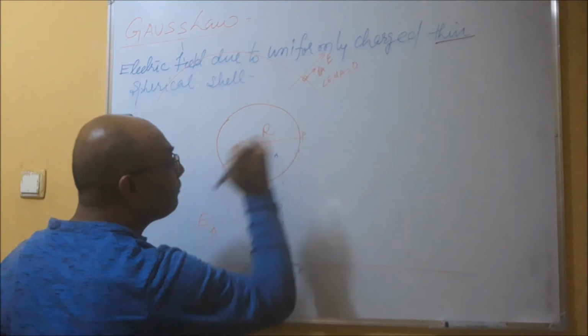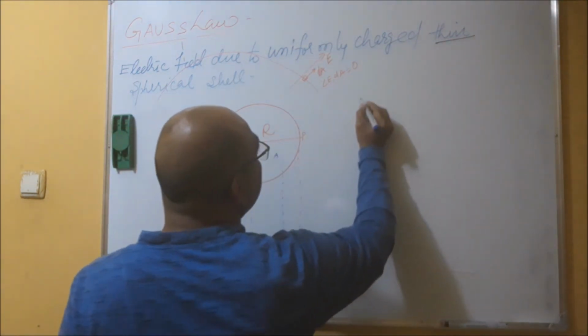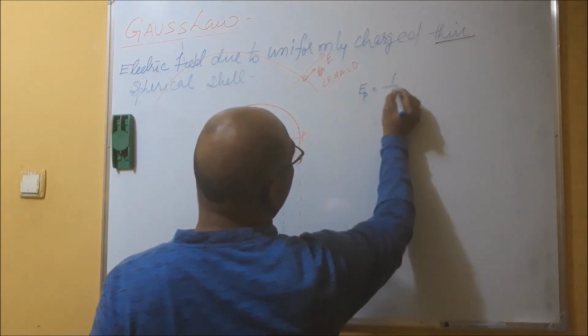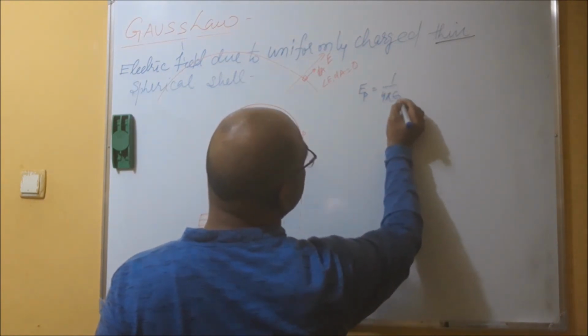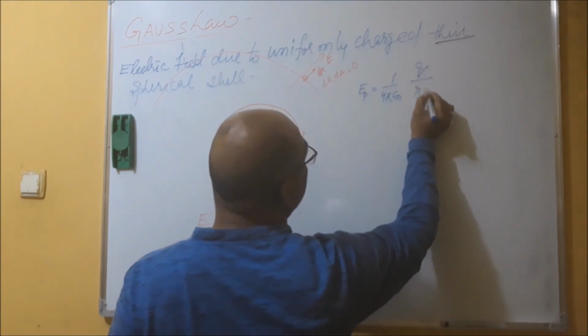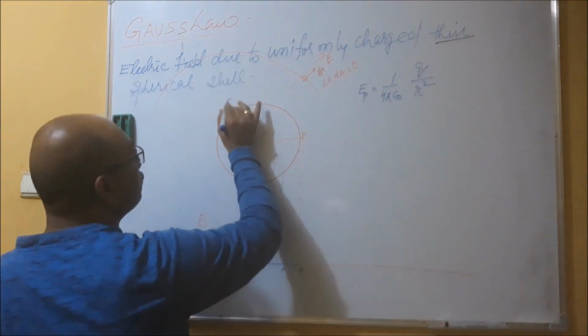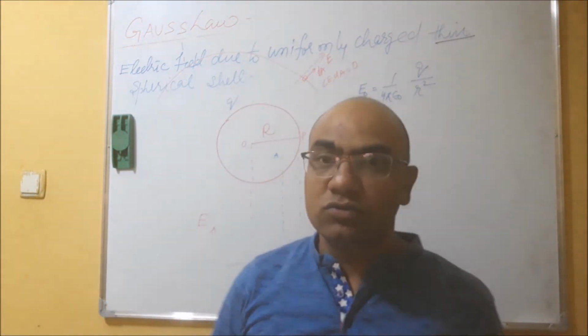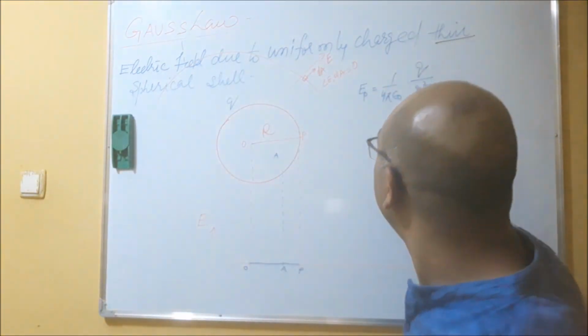Now what will happen at point P? At point P, the value of E from the same concept, when you solve, you will get Q upon R square, where Q is the charge on this surface, as we have derived.